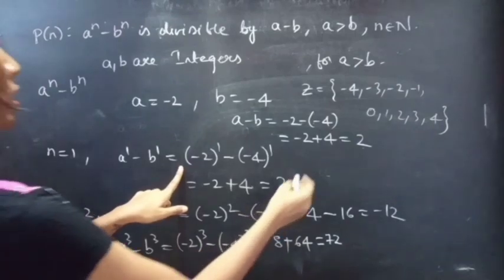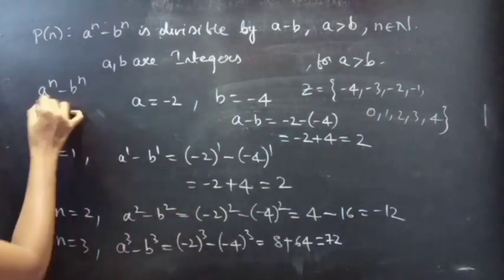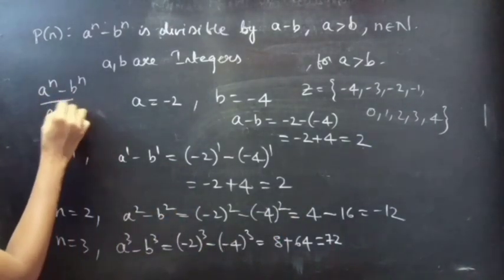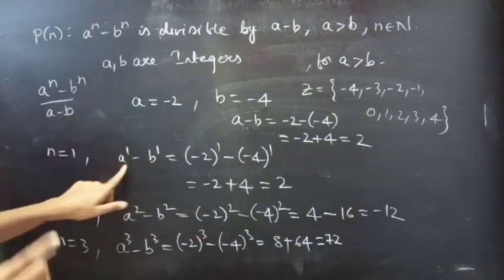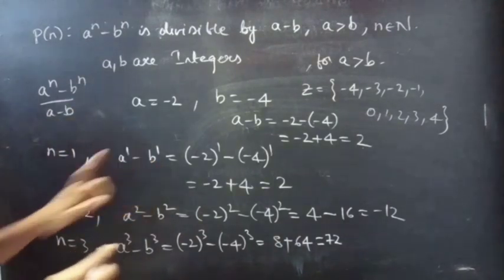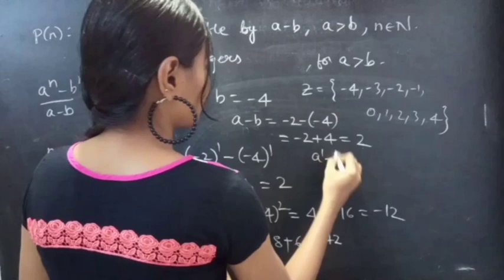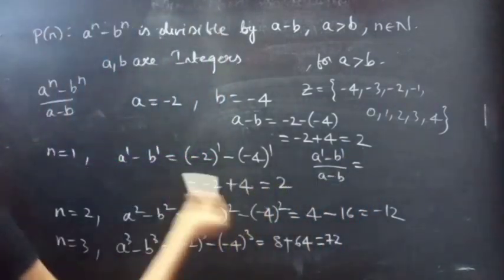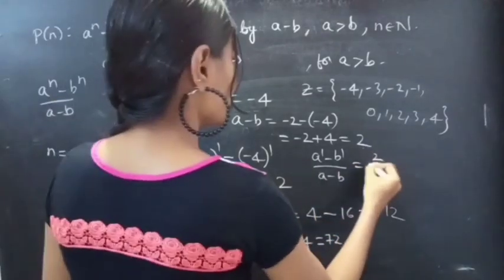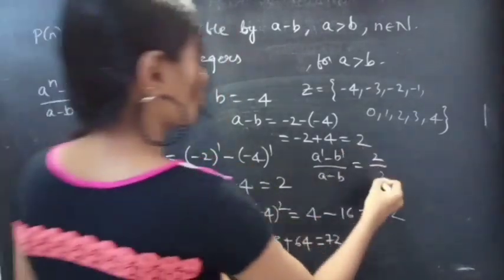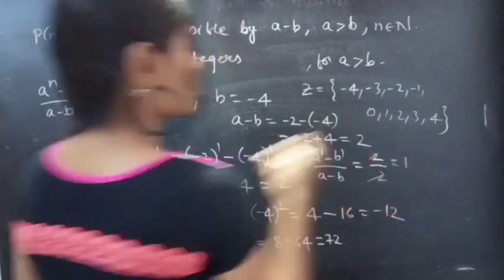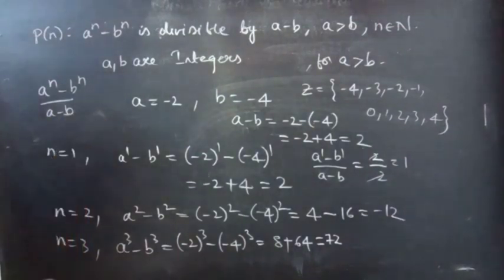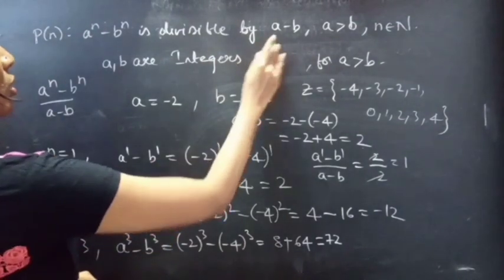Okay. Now we'll see a power n minus b power n by a minus b. That is, whether a power 1 minus b power 1 is divisible by a minus b or not. a power 1 minus b power 1 is 2 divided by a minus b, 2. So you'll get the quotient 1. When n equals 1, you'll get quotient 1.